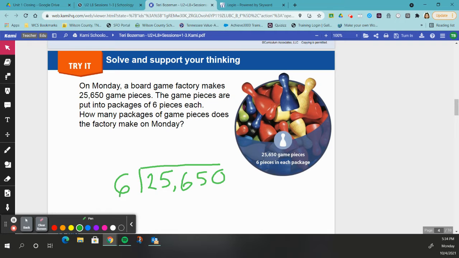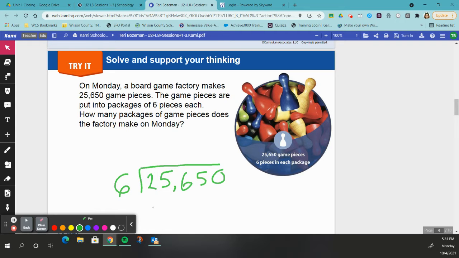If I'm doing a partial quotient here, then what I'm going to do is I'm going to say, okay, 6 times something to get me as close as possible to 25,000. Okay, so I know that 6 times 4 is 24, right?